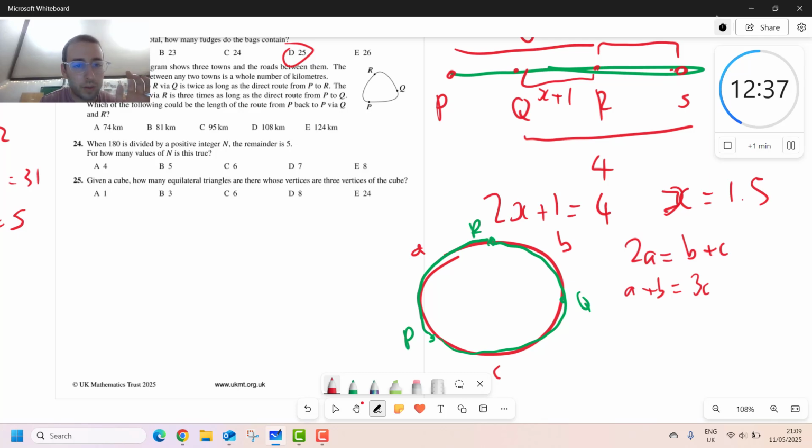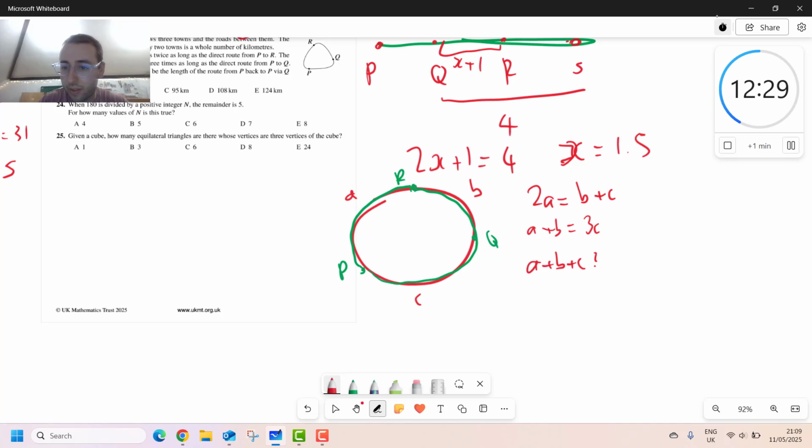What could be the length of route from P back to P? So what's A plus B plus C? Okay, so if I add these together, I get 3A. So wait, 2A minus B minus C equals 0.